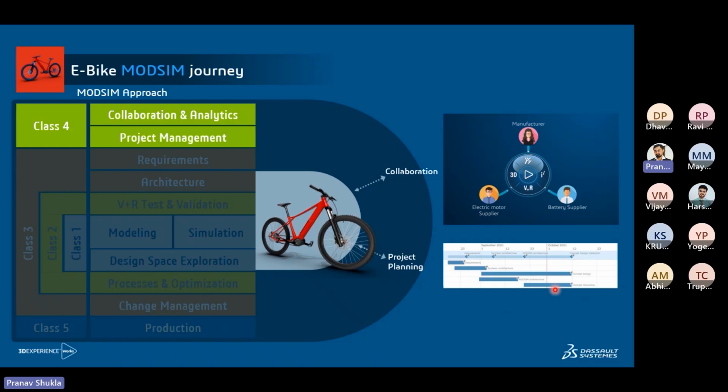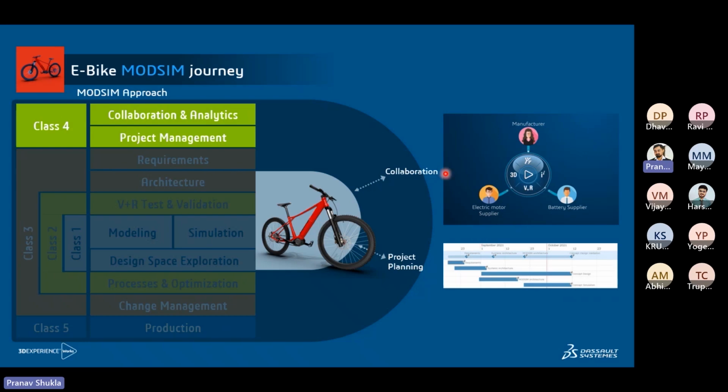Now, to facilitate smooth communication and collaboration among the stakeholders, we have integrated the collaboration tools, such as the dashboard and the project management features. These tools enable us to track the progress of the task and share necessary data with the different stakeholders involved in the e-bike design process.